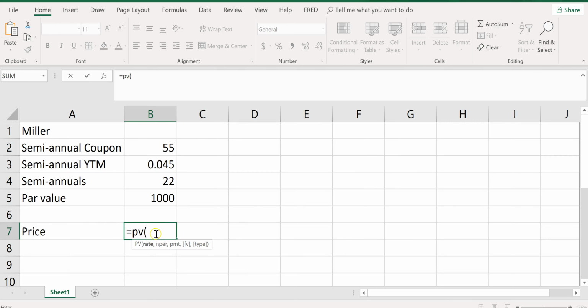Rate here means the discount rate, and the discount rate in this case is the semi-annual YTM. So that's the 4.5%. And this NPER is the number of coupon payments. And this PMT here is the coupon payment, the semi-annual coupon payment.